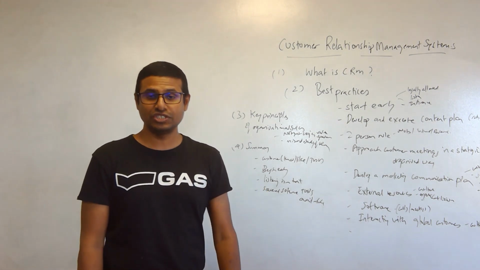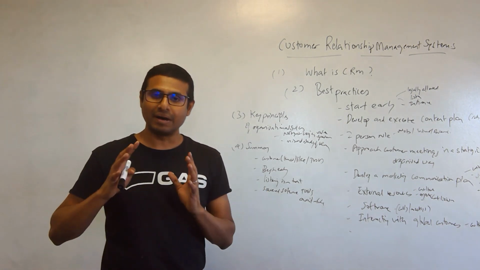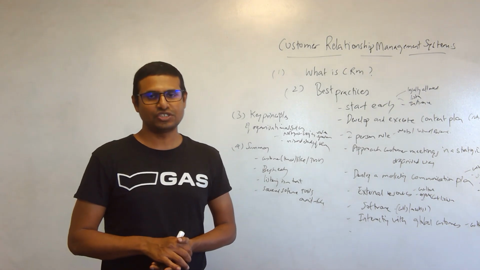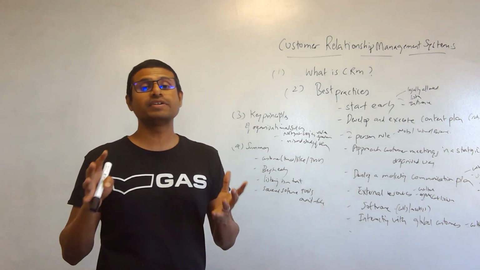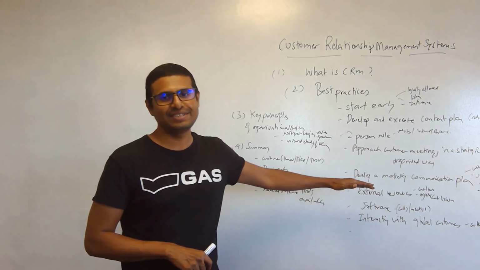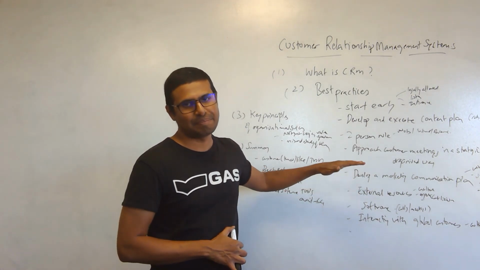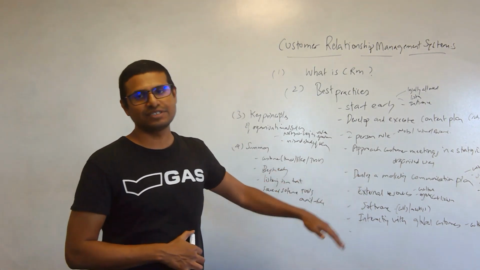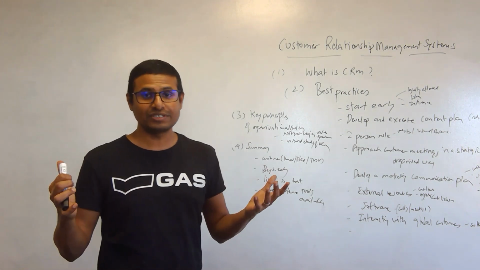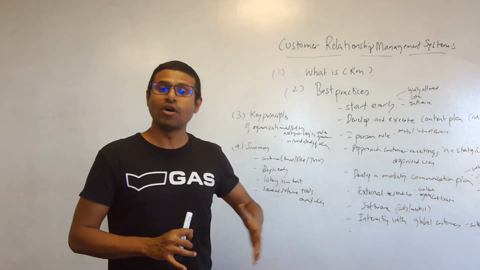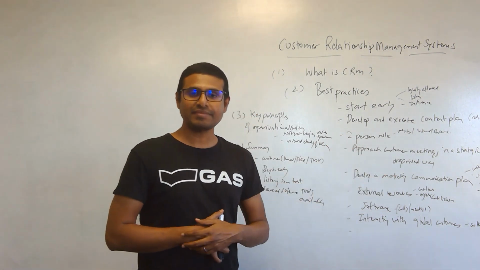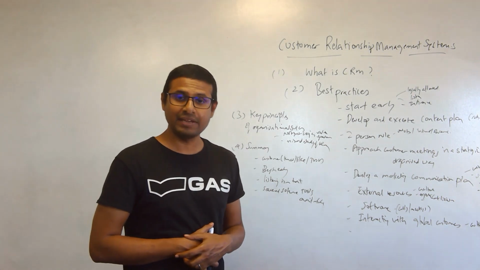Next one is approach to a customer meeting. Always do that in a strategic way. Don't just go in blind with not much preparation. How are we going to do that strategically? You need to have a proper marketing communication plan. What should a marketing communication plan cover? Obviously the contact plan, because you need to know who you are going to meet and when.